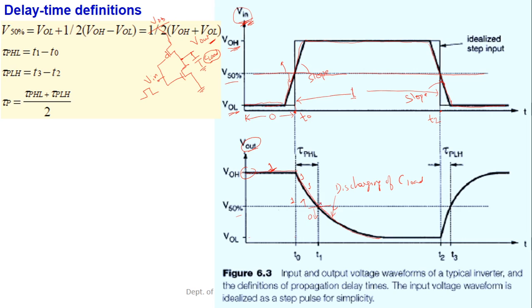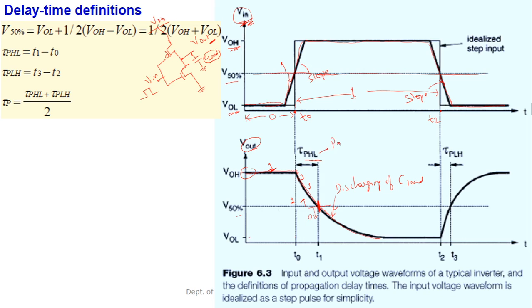This time duration from t0 to t1, where t1 is the intersection at the 50% mark for this curve, is called tau pHL, the propagation delay when the output falls from high to low.